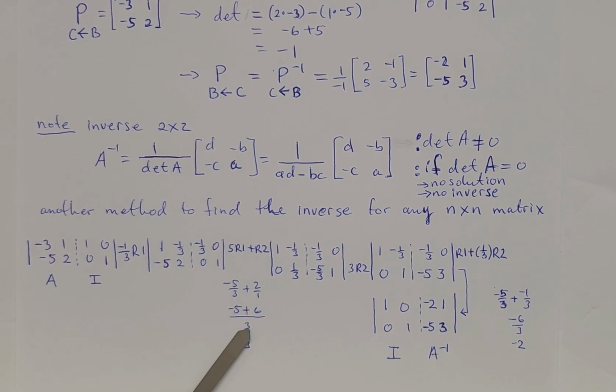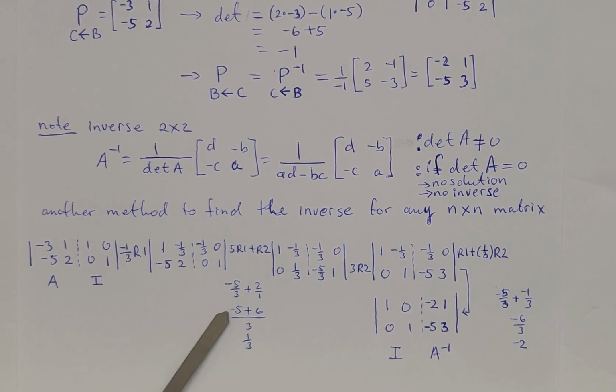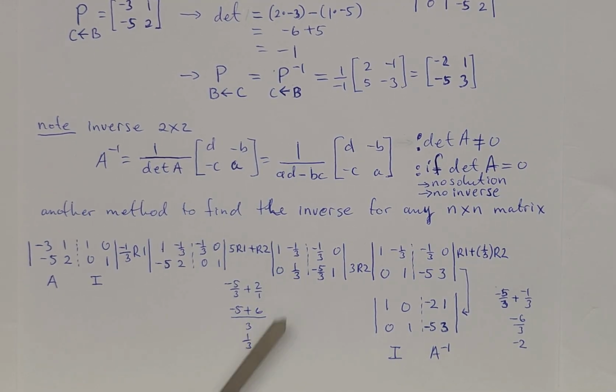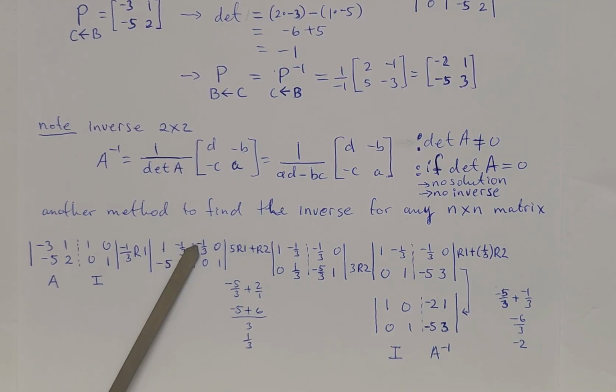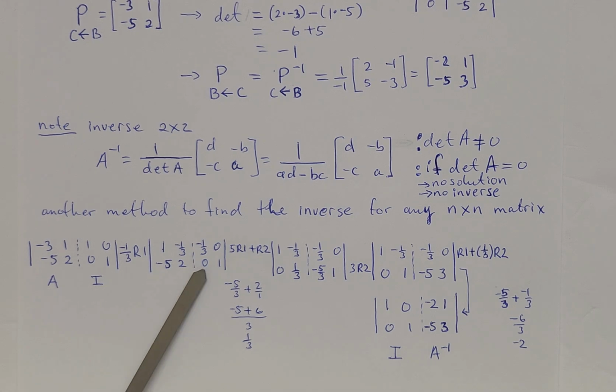Under multiply gives me 3. And then subtract the top. 6 subtract 5 gives me 1/3, which is this 1/3 here. Next, 5 times -1/3 is -5/3 plus 0, which is this -5/3. 5 times 0 is just 0 plus 1 is this 1.